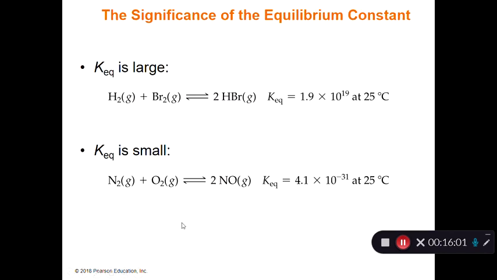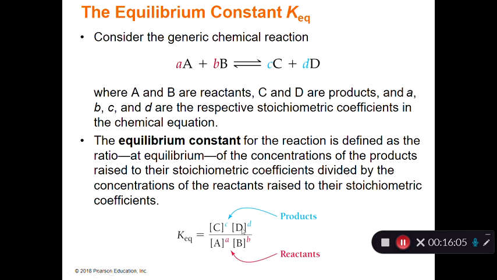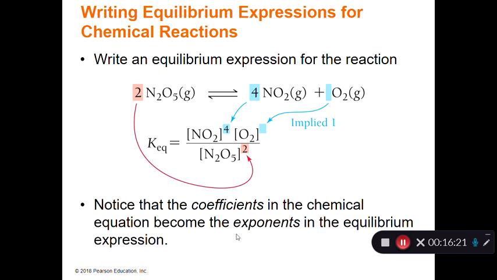One thing I ask you to pay attention to whenever you work with chemical equilibrium: please exclude liquids and solids when you write the equilibrium expression. In this example, we do have gases, so we write all of them.